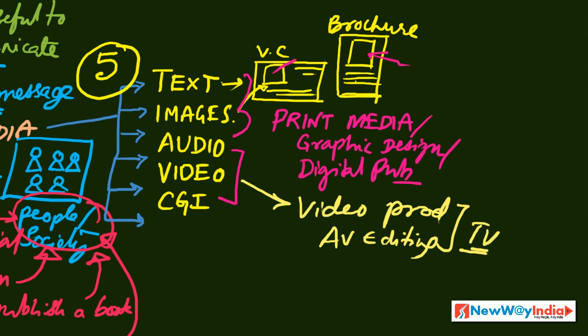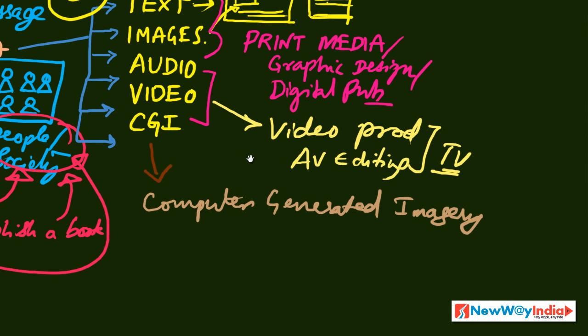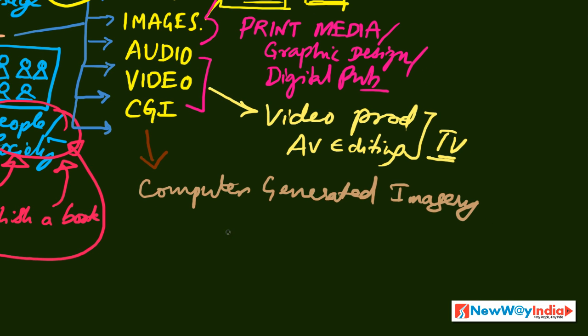And CGI is computer generated imagery. That is what a CGI is. CGI simply means computer graphics.